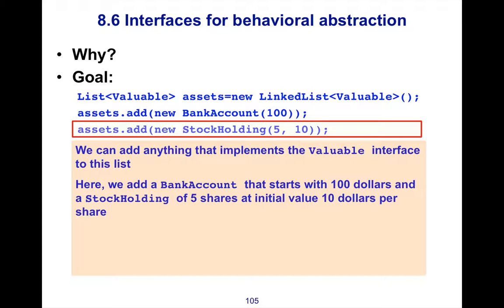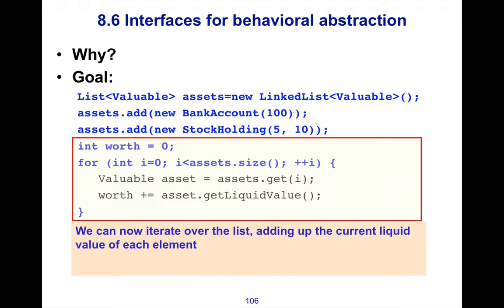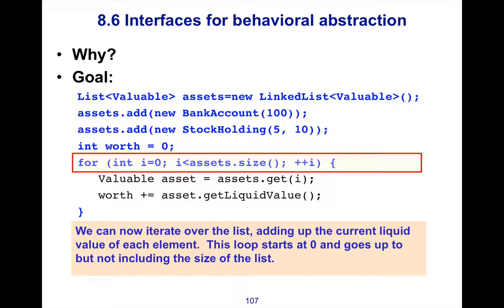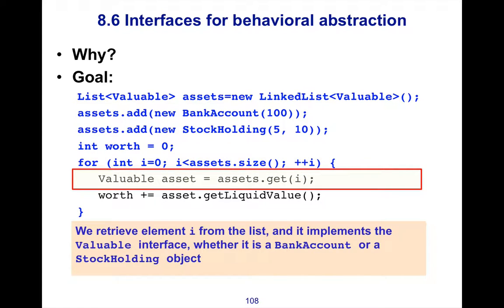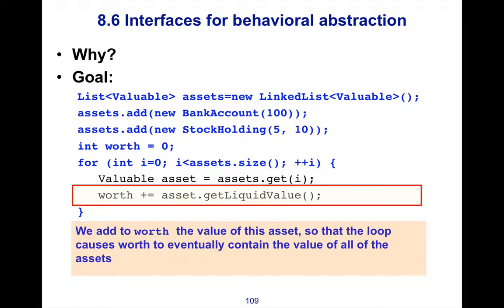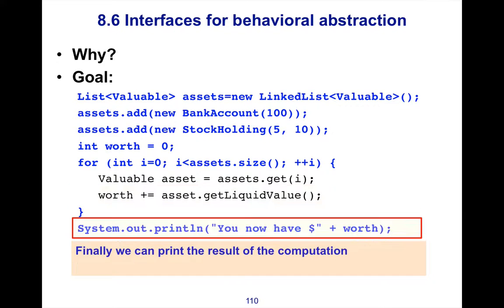If we can get this to work, we can then write the code you see now, where the initial worth of your assets is 0, and we then iterate over your assets inside this list, each time calling getLiquidValue on a given asset and accumulating your worth inside this local variable called worth. At the end, we can print out how much your assets are worth by just printing out the value of the variable worth.